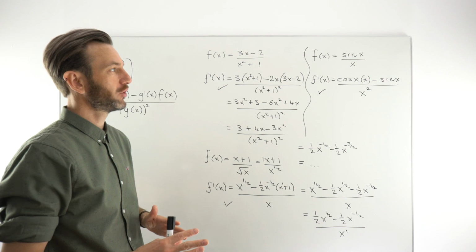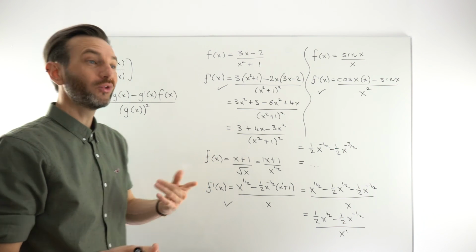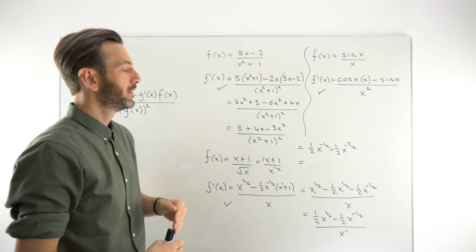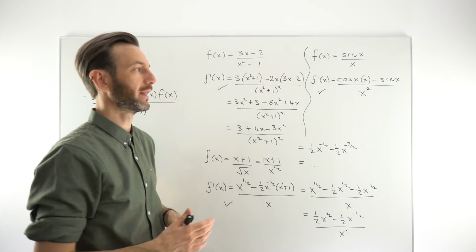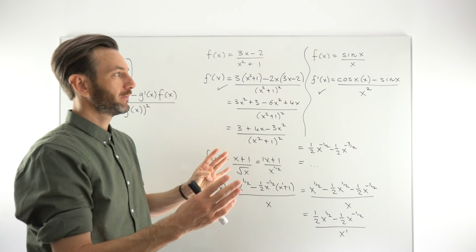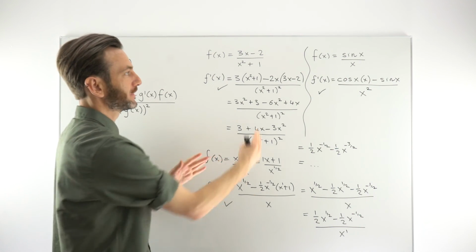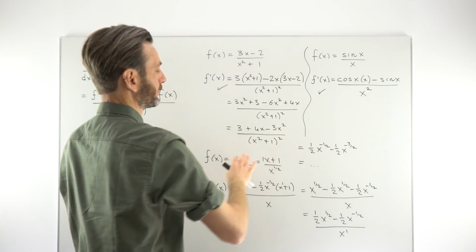So it's important to try different styles of function, different formats, so that you learn to apply this rule not in just the same way over and over again, but in many different scenarios, so that when you see it on a test or an exam or something like this, you're not thrown off. You know it's the same type of procedure, it's using the same rule, it's just adapting it and not being visually put off by the fact that you see different functions there.